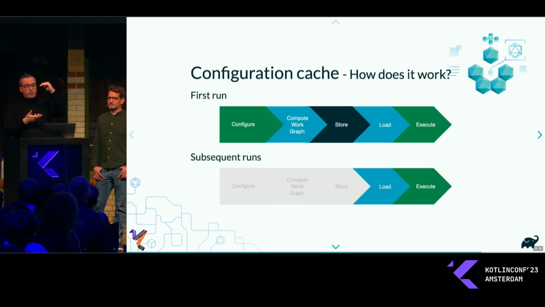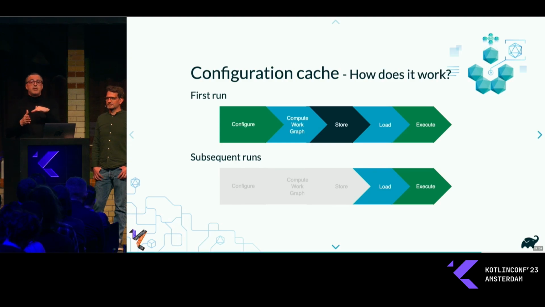So basically, together with your configuration model and the set of requested tasks, that the user requested on the command line or the IDE requested Gradle to run, Gradle builds this work graph by following task dependencies and all that, right? And then when the configuration cache is turned on, what Gradle does is that it stores this configured work graph to the configuration cache.